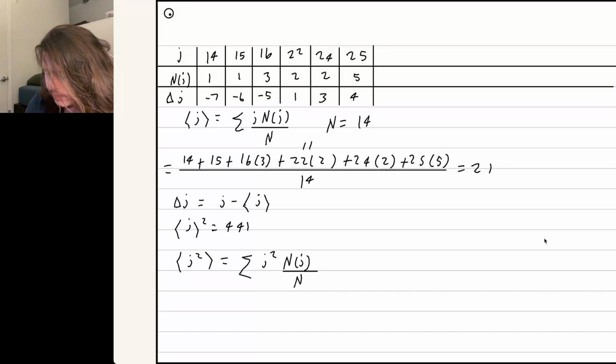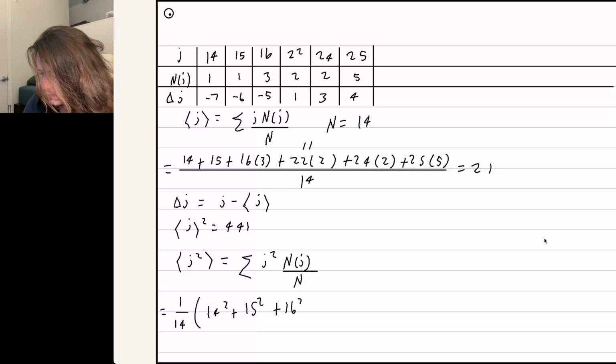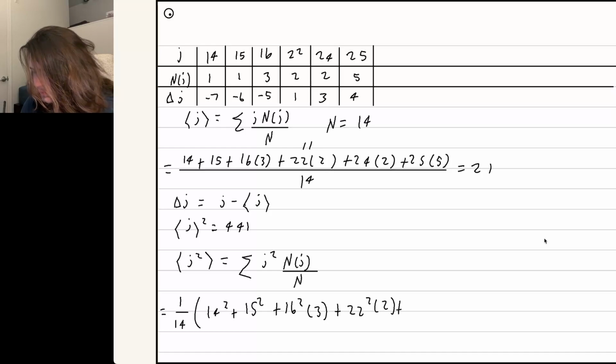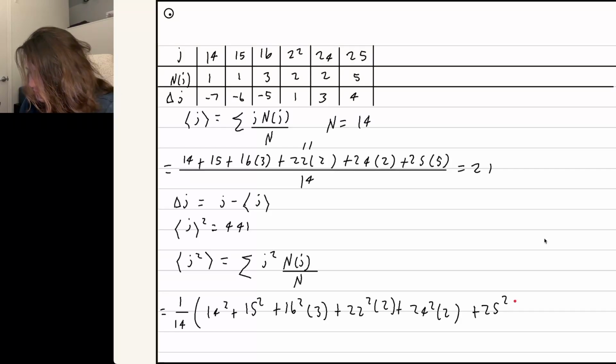So we have pretty much the same thing except all the j's are squared. So 14 squared plus 15 squared plus 16 squared times 3 plus 22 squared times 2 plus 24 squared times 2 plus 25 squared times 5.